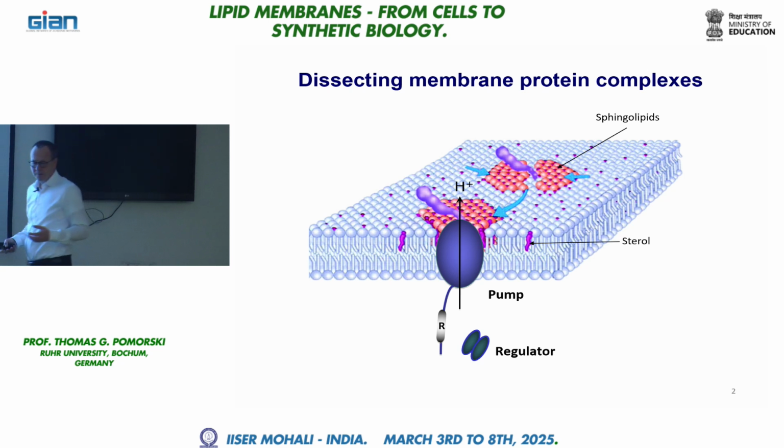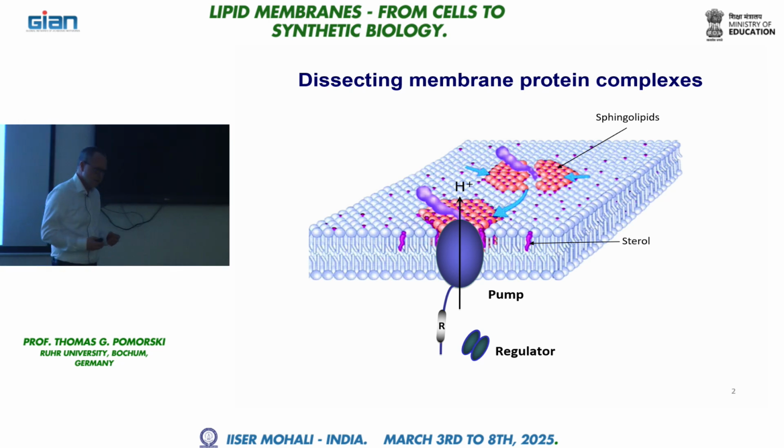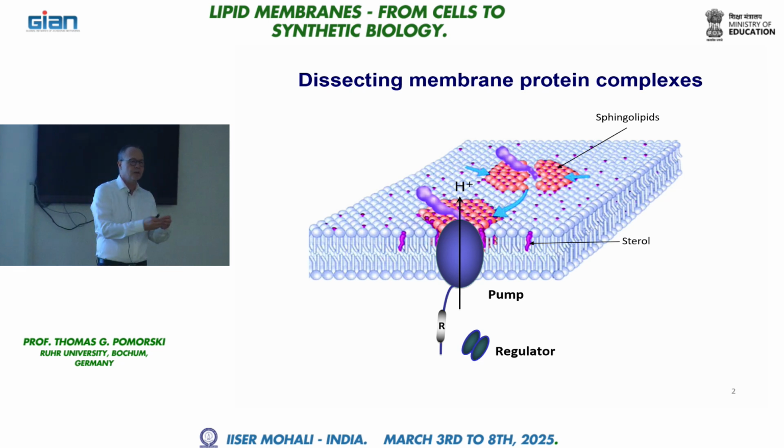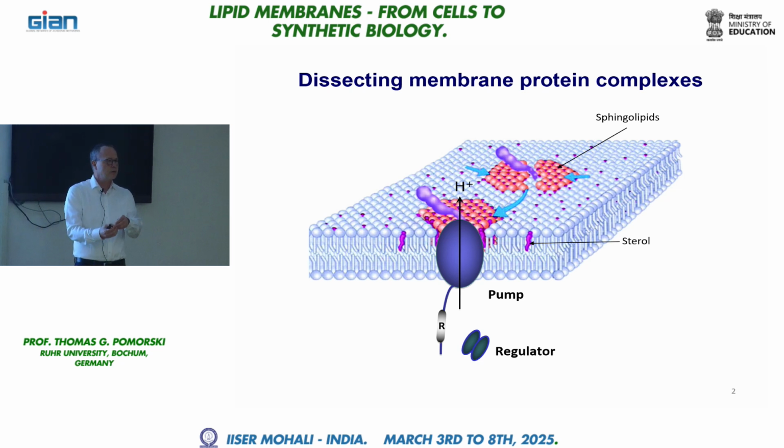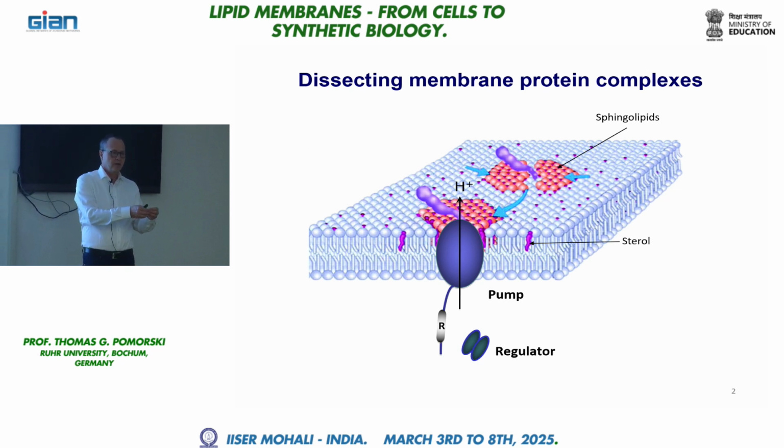And typically these pumps are constructed in a way that they can have two different modes, an active mode and an inactive mode. And this inactive mode can be controlled by the pump itself, because the pump can have, for instance, large cytosolic parts that are normally clamped, or they can open.